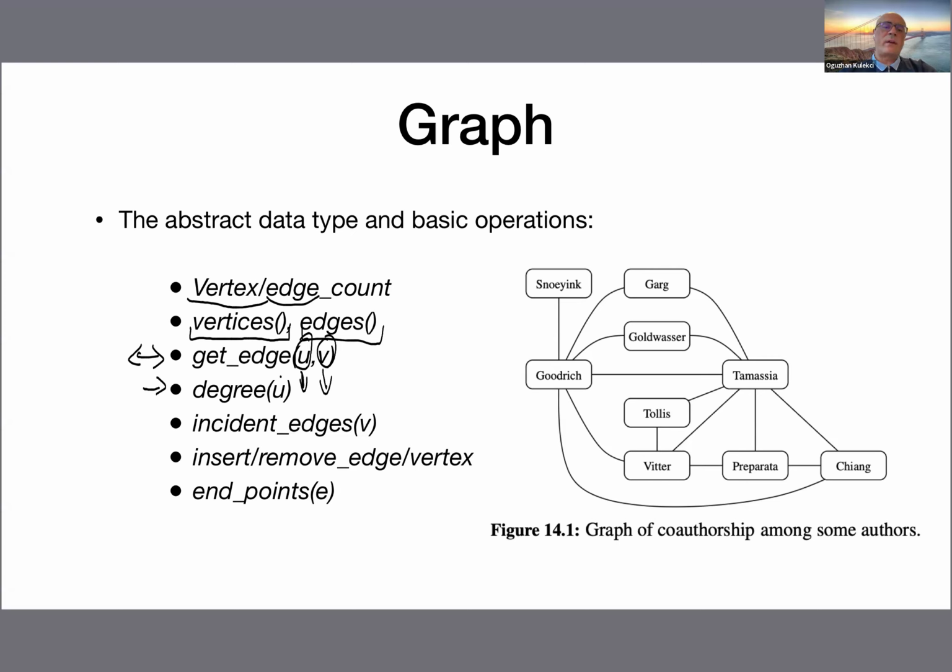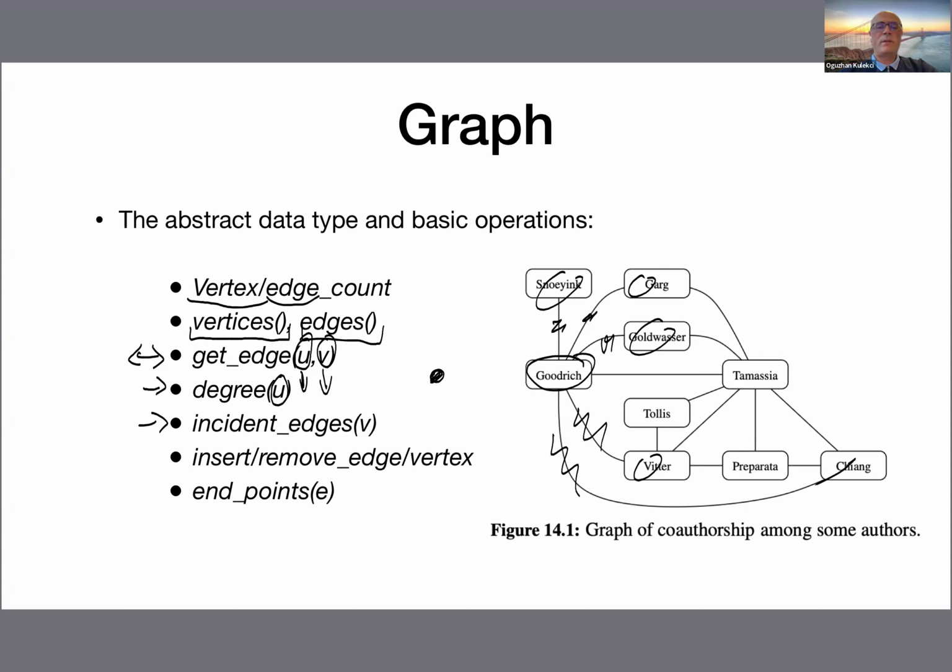Degree of a vertex, degree of a node means how many connections it has. Incident edges of a vertex: this is a vertex, this is Goodrich, and who are the incidents of this one? They are these, so these are the incident edges of Goodrich.